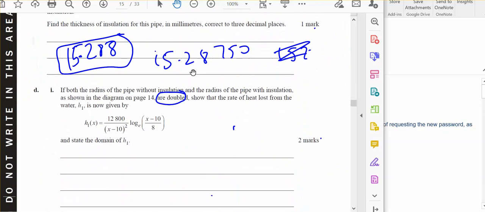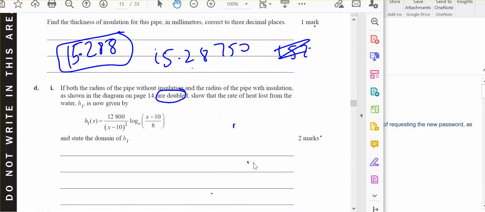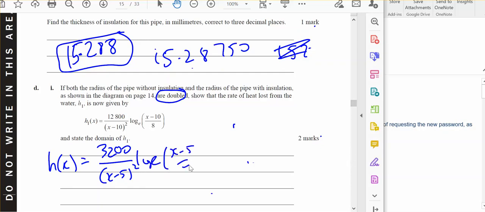So what do I need to do? I need to show that that's the rule. So h of x equals 3200 over x minus 5 squared log by c of x minus 5 on 4.